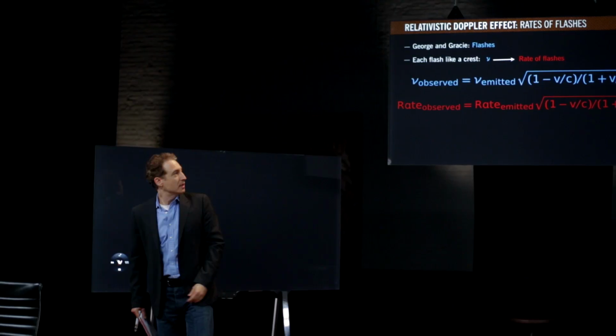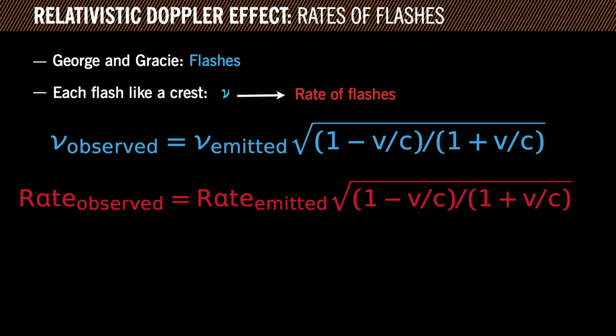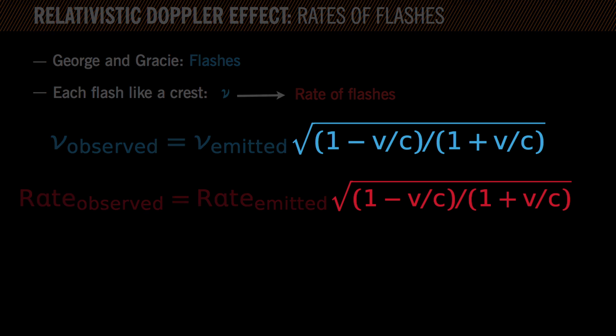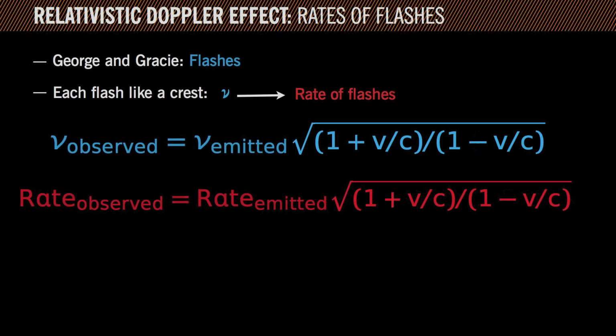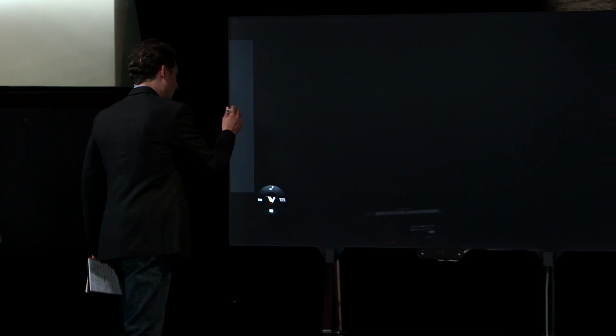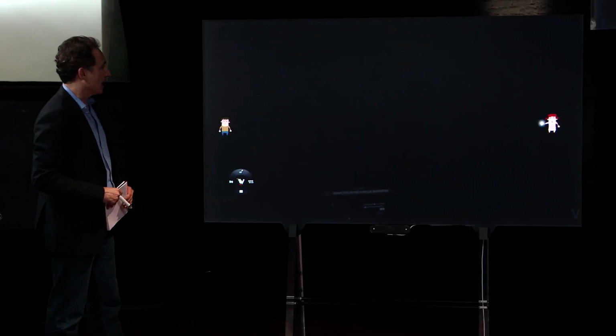You feel it. It's going faster because she's running toward them, and we would make use of our formula in which, as we've seen, the rate increase is augmented even more by time dilation, so that with v replaced by minus v, which means that the rate at which she receives them goes up relative to the rate at which they were emitted. And you can look at the various other combinations too.